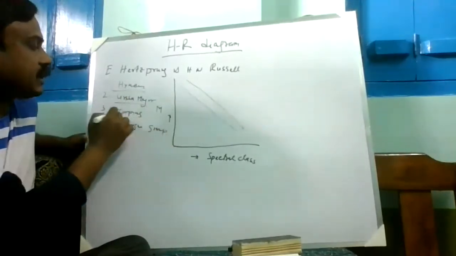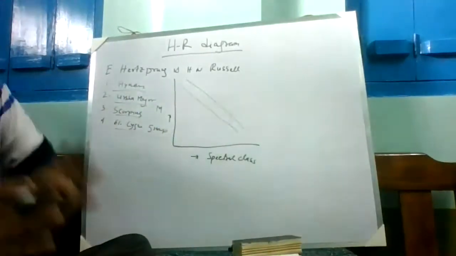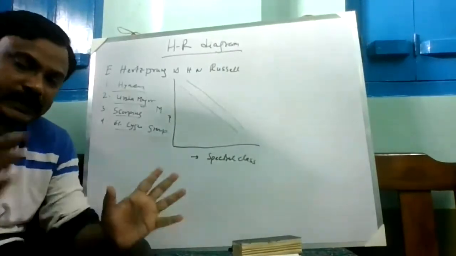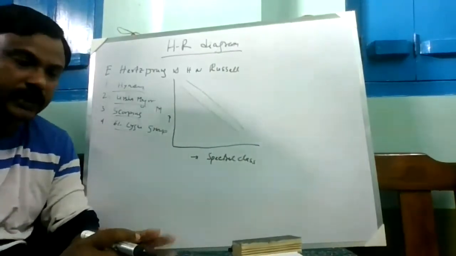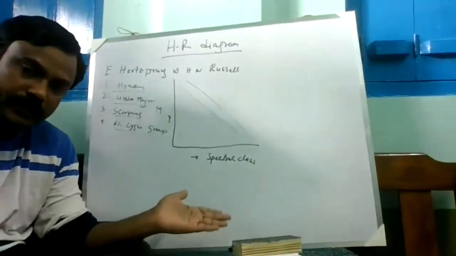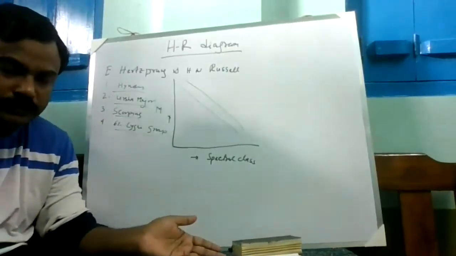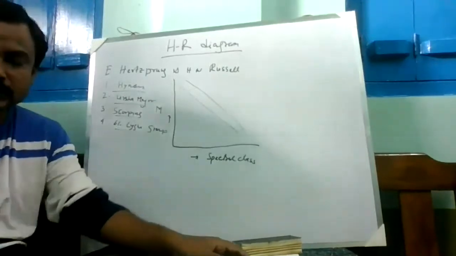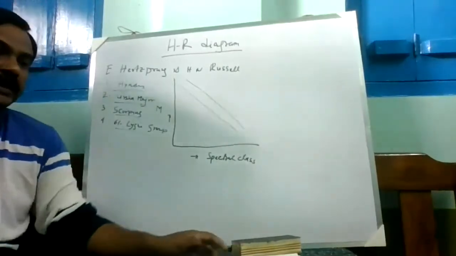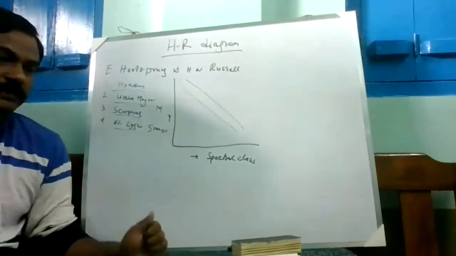These four star clusters are taken, their spectral class is determined, and from their apparent magnitude and distance, their absolute magnitude is determined, and these are plotted.